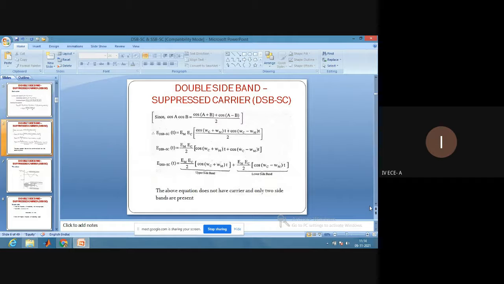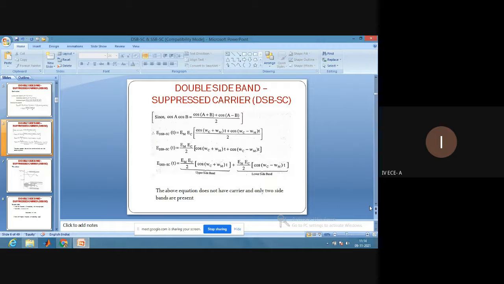After using the formula cos A cos B, we'll get the double sideband suppressed carrier modulated signal as E_m E_c by 2 cos (ωc plus ωm) t, which is the upper sideband.